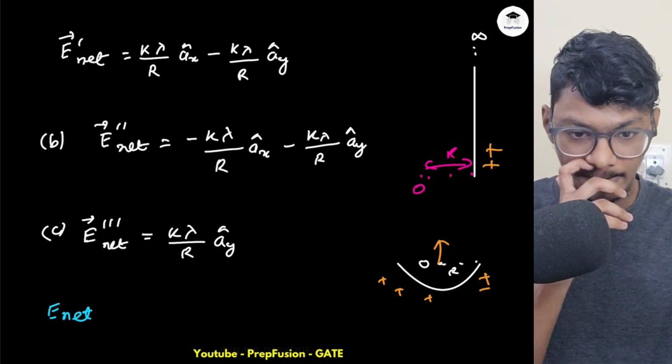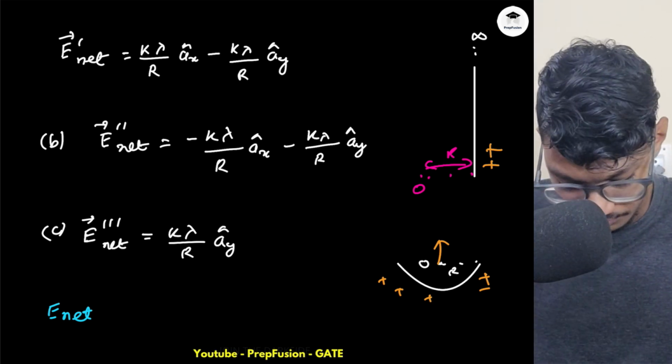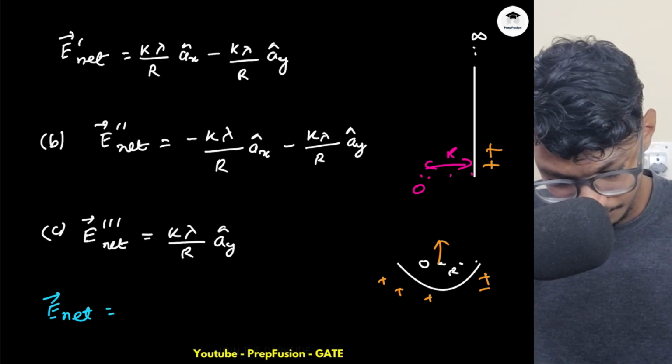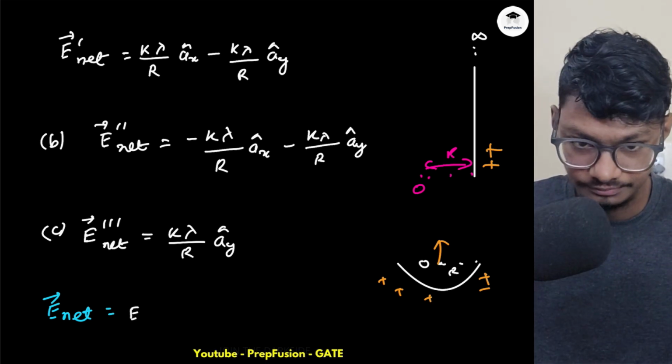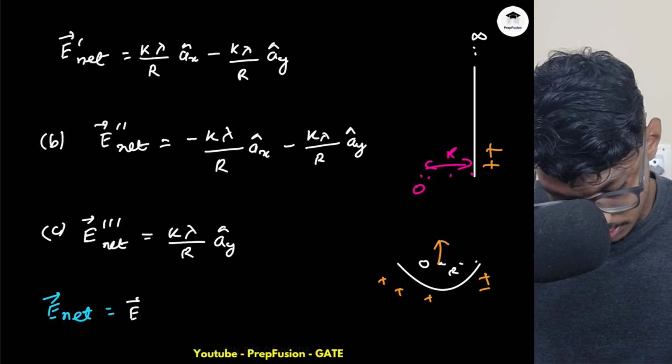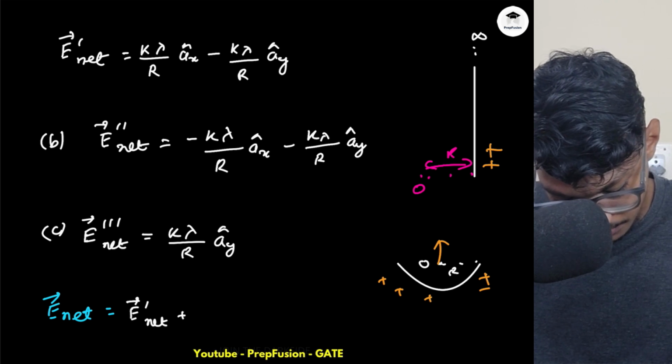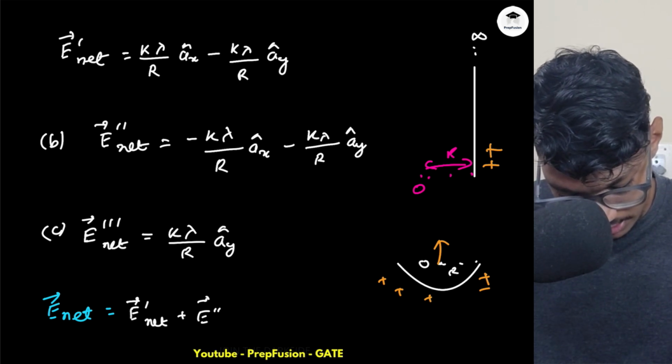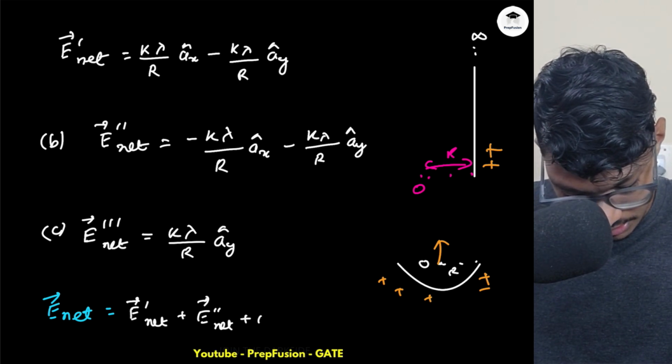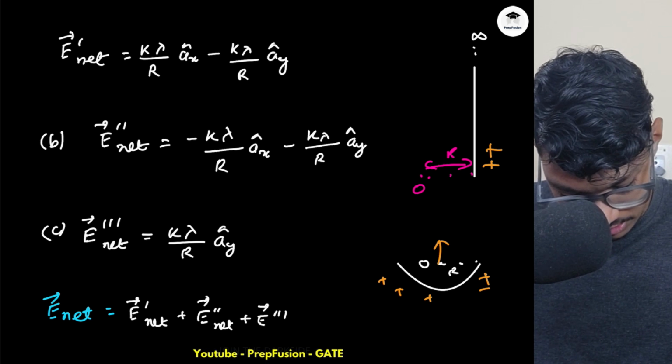How do I write it? E net will be E dash net plus E double dash net plus E triple dash net.